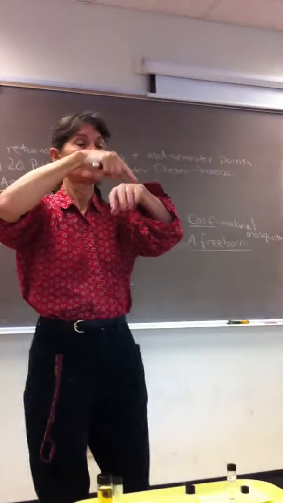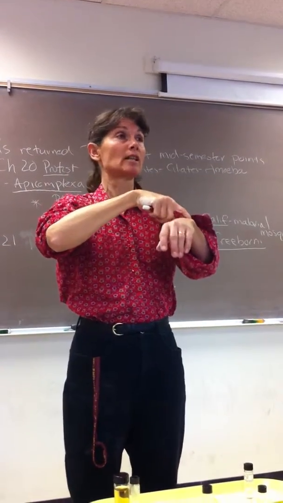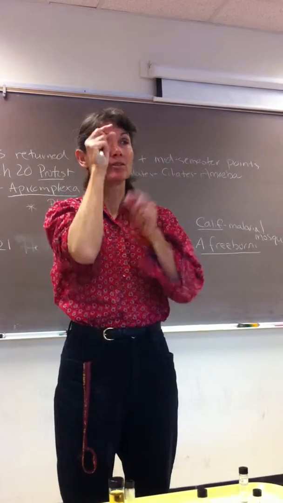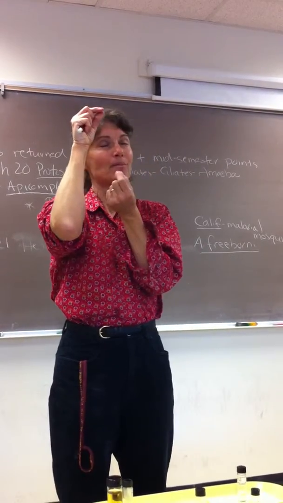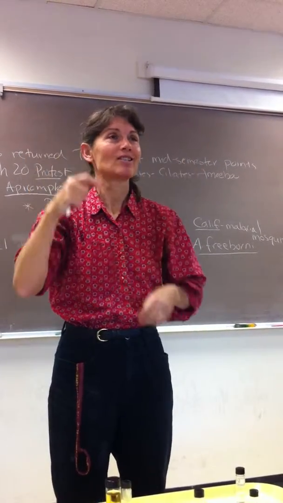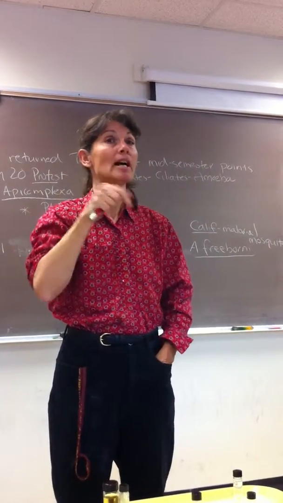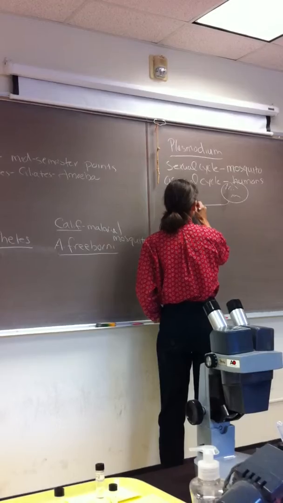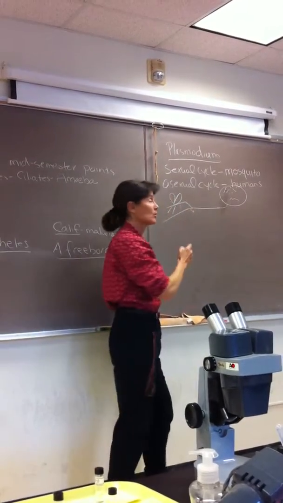When they bite us, they inject some saliva into us as a little anticoagulant, because they don't want blood clotting in their little needle mouth parts. It would cause clots, and they couldn't suck up the blood. So they inject us with saliva with some anticoagulant in it, and when they inject the saliva, they inject the Plasmodium.